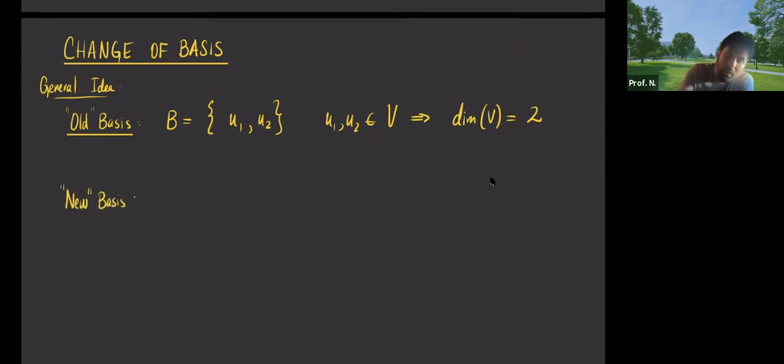Okay, and then we have a new basis. So we start with one basis, and then we want to go to a new set of bases. I'm going to call this new set B prime. And then the vectors here are going to be V1, V2. To avoid confusion, actually, I'm just going to write these as W's, because U and V look very similar.